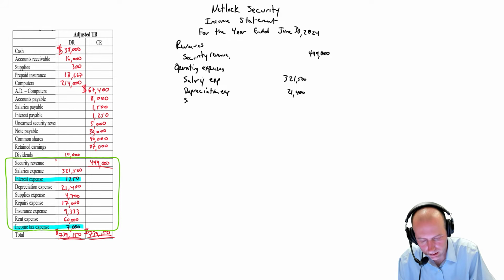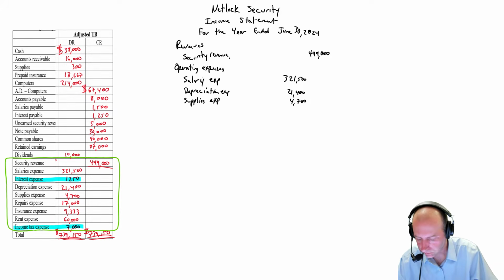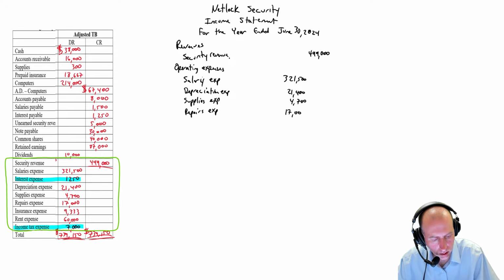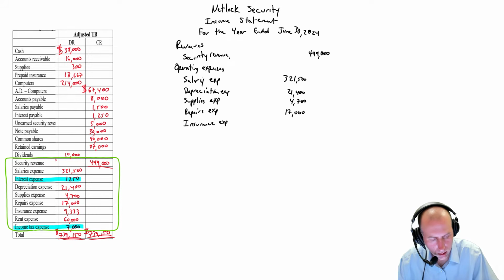Supplies expense, $4,700. Repairs expense, $17,000. Insurance expense, $93,33. Rent expense, $60,000.